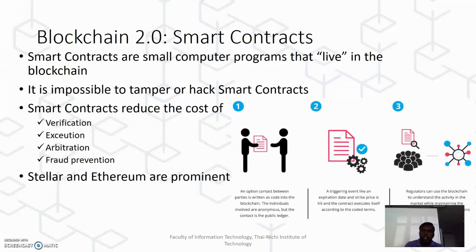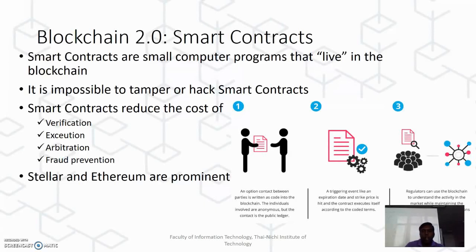And then in the second generation, we have smart contracts. Smart contracts are small computer programs that live like executable code when a transaction happens. This smart contract will get executed only when all the conditions in the contract are validated. It's as simple as becoming a tenant to your landlord for your office space.